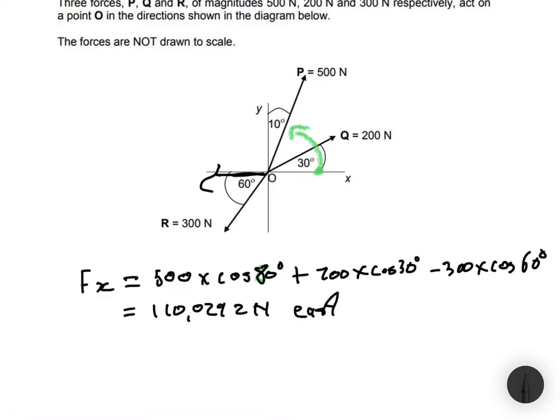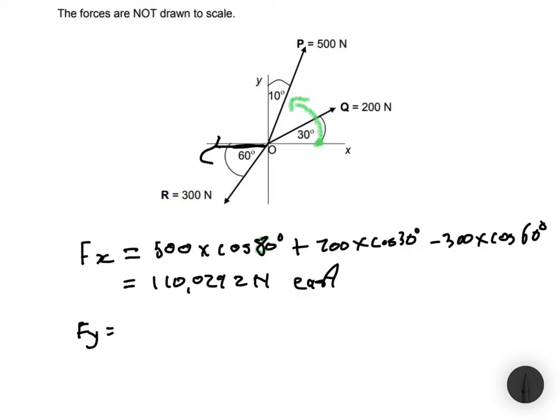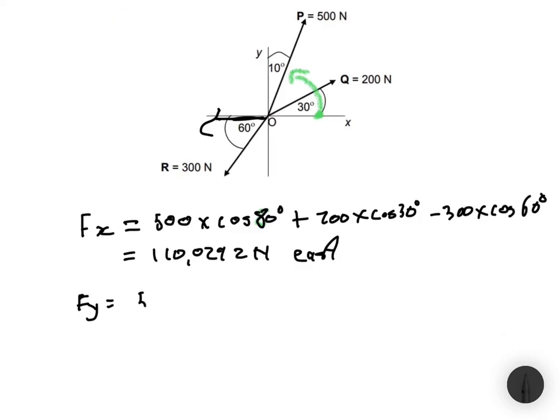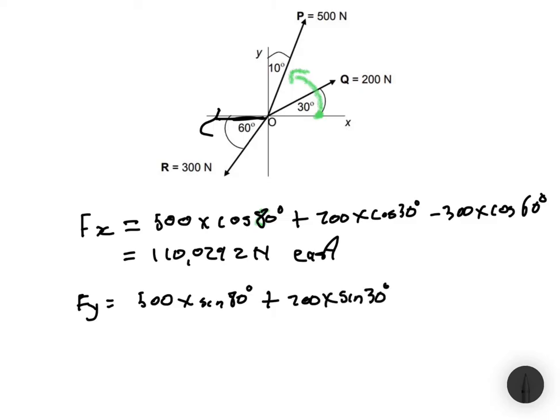Yes. So now let's move to the y component, the resultant along the y. So the 500 newton force, the y component is pointing up, right? So we're gonna have 500 multiplied by sine of 80 degrees plus the 200 newton force, the y component is also pointing up, so we're going to have 200 multiplied by sine of 30 degrees. And then R, the y component is pointing down.